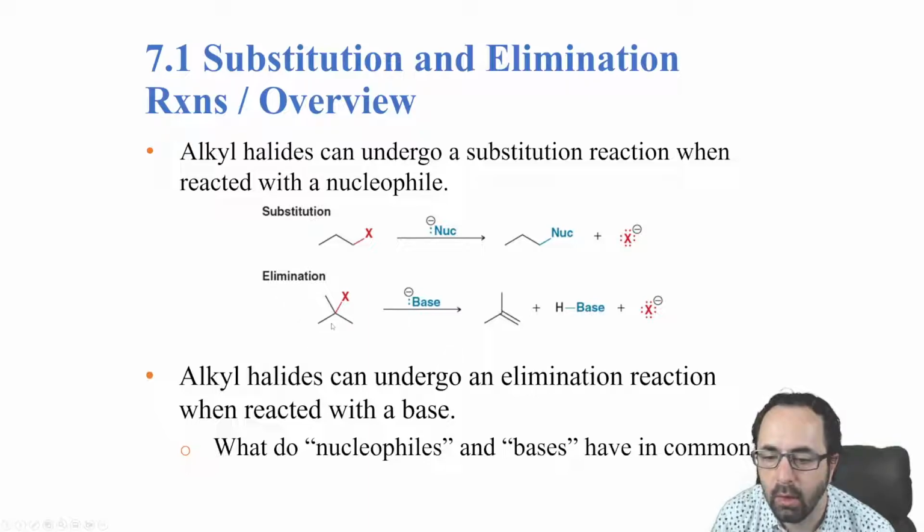So nucleophiles and bases have in common that they want to donate lone pairs. Some bases want to grab protons more than others. Those that don't grab protons as much end up being called weak bases, but can still be strong nucleophiles if they have electrons that they can donate to a bond.